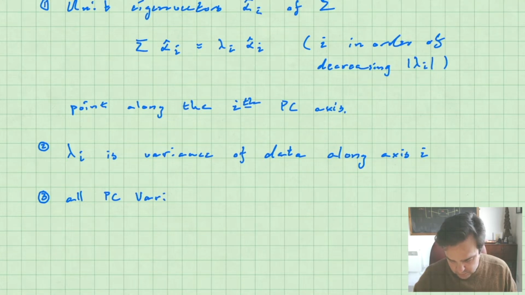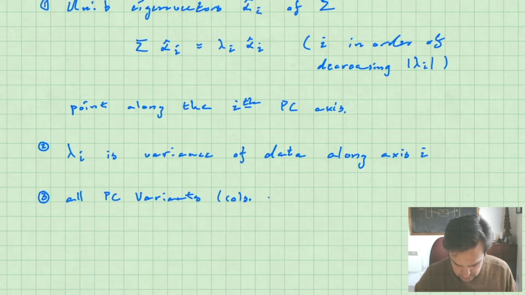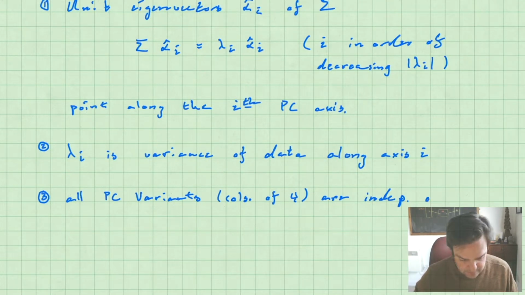So these are columns of Y. Are independent or uncorrelated. It's a pretty powerful result.